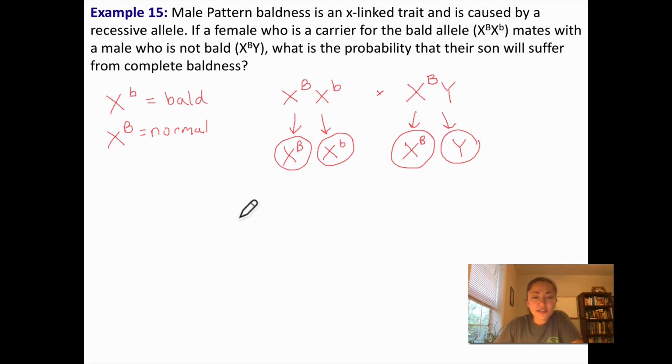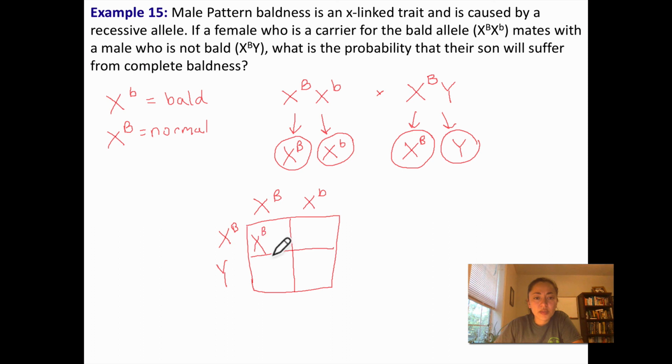All right, so let's just solve this like before. We take the gametes possible from the first parent, put them along the top. Take the gametes from the other parent, put them along the side. We do our box, and then we just bring the gametes together.